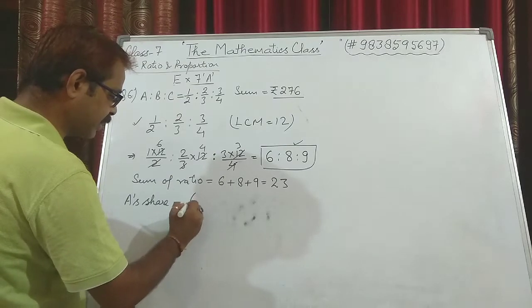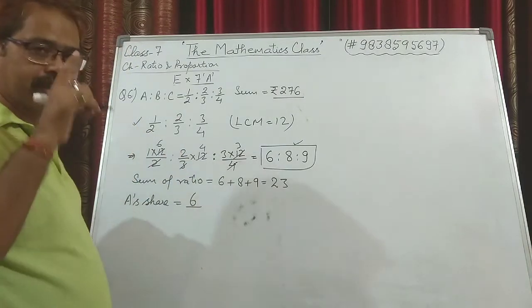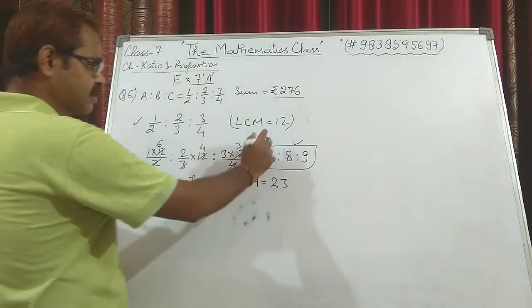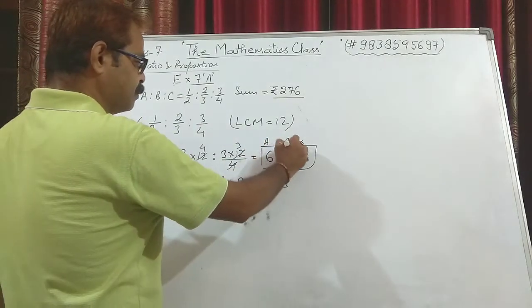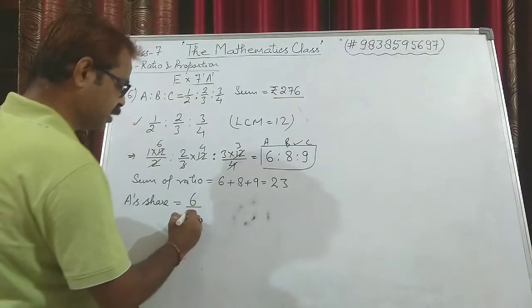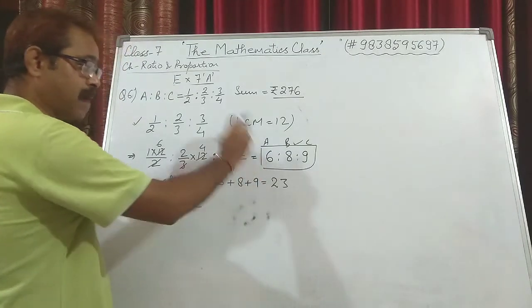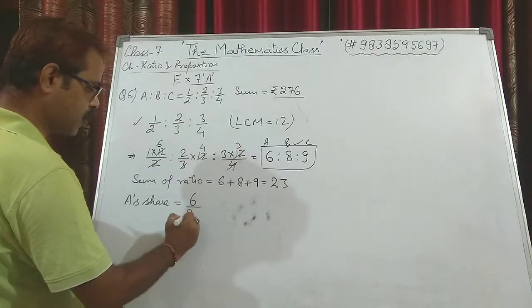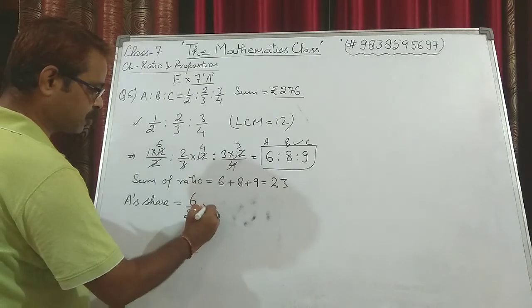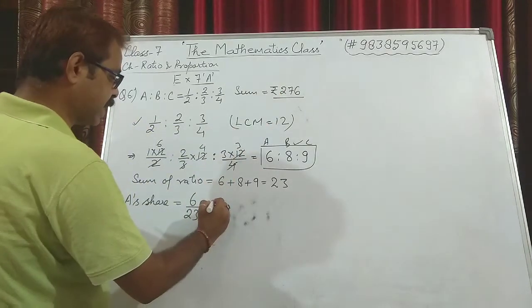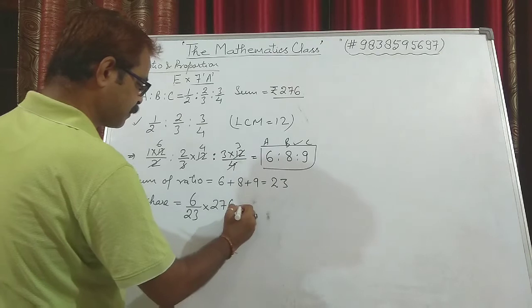If we write the shares in the form of fractions, A is in the form of 6 parts of 23 parts, and the total money was 276.